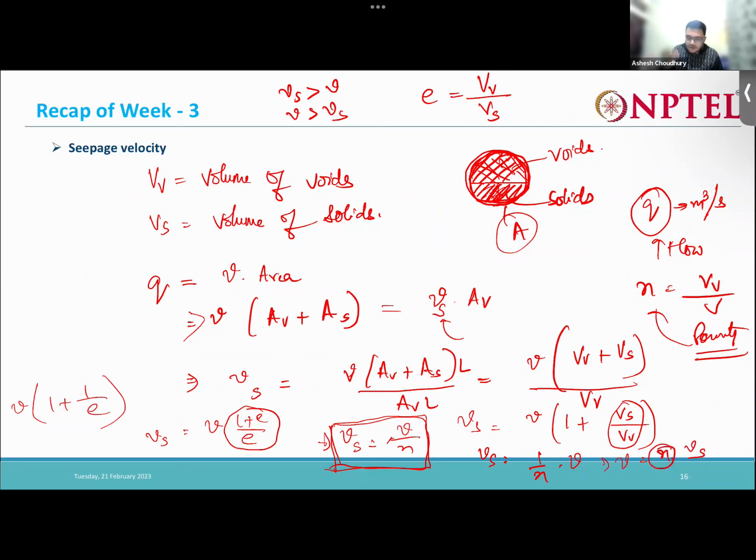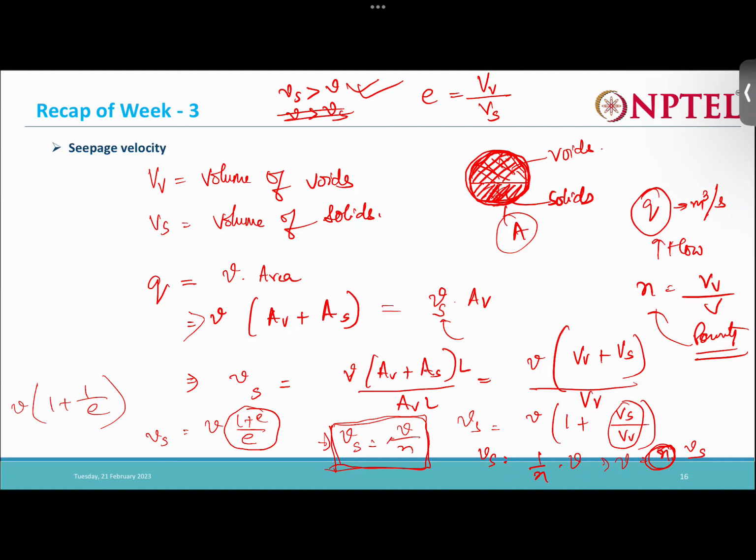So this porosity is always less than 1, right? So V will always be less than Vs. So Vs is obviously greater than V. This n is less than 1, so say it is 0.5, then V is 0.5 times Vs. So Vs is actually always higher.